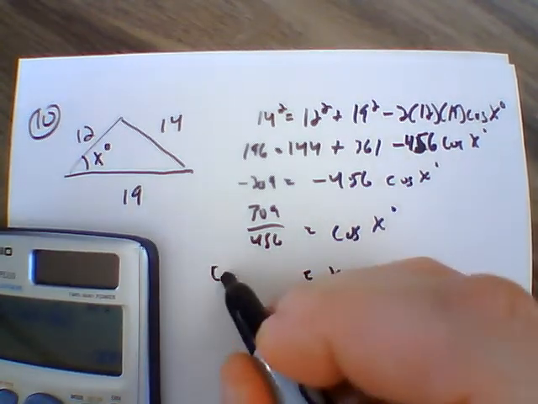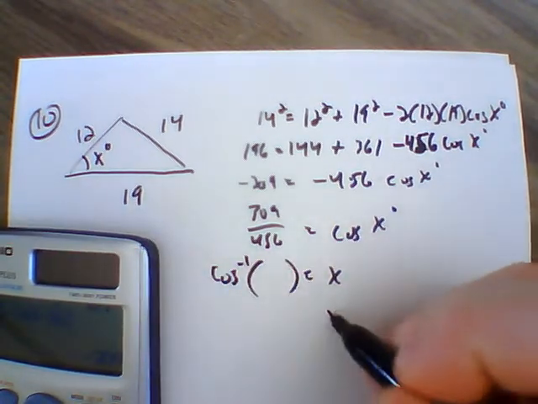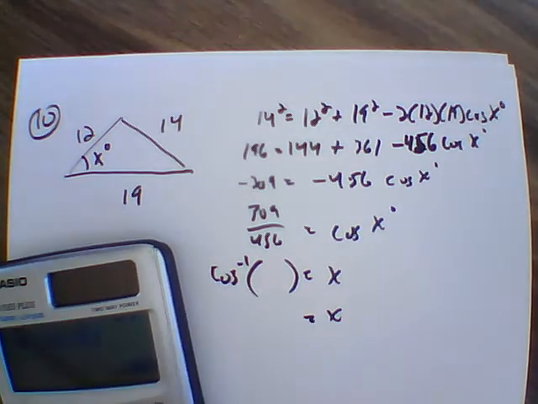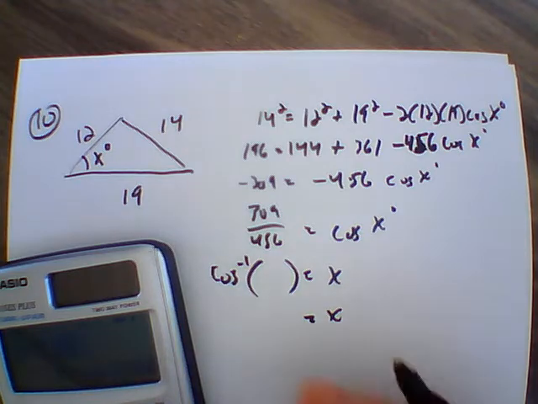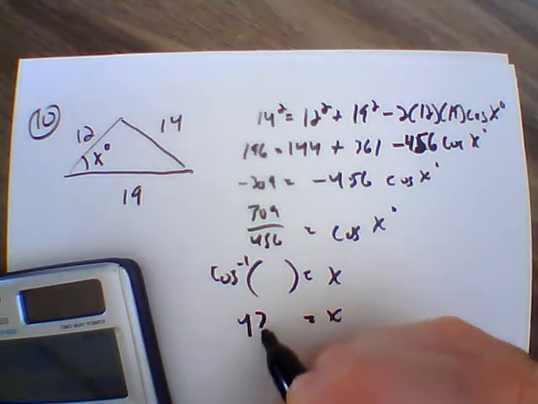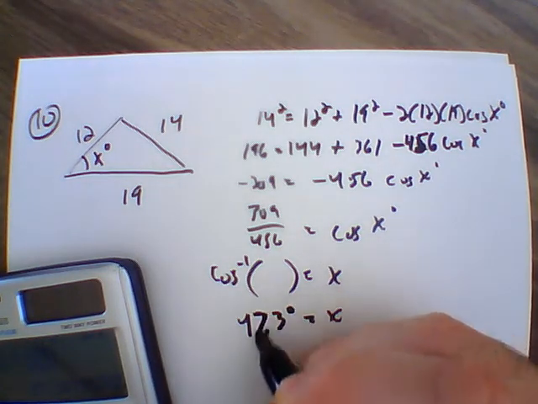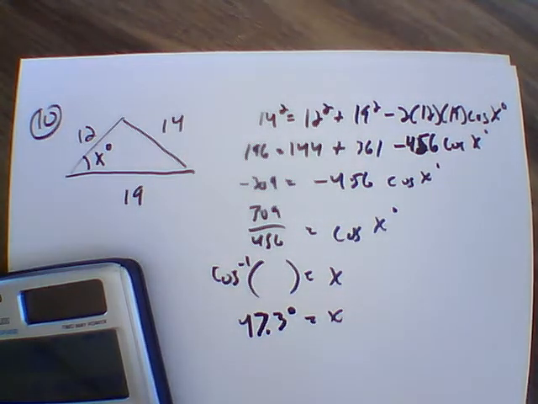So x would equal the cosine inverse of this. If I take the cosine inverse of 309 over 456, I hit equals and we get 47.3 degrees. Okay, so once again we're able to figure out what that degree angle would be.